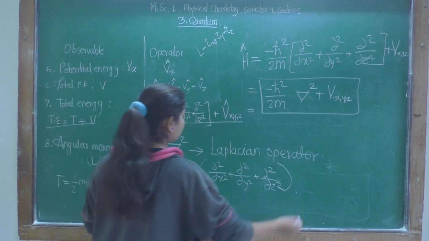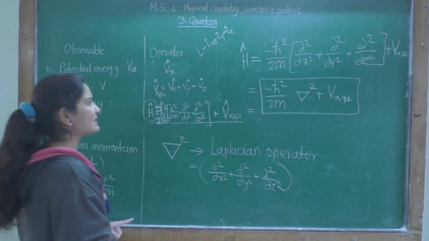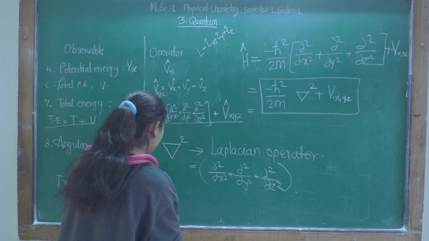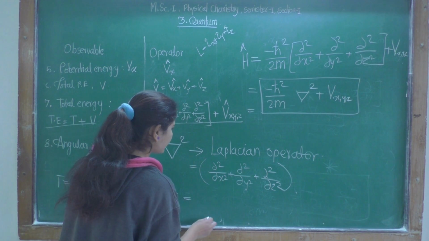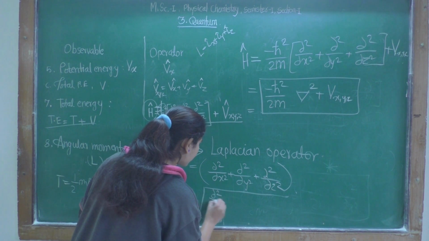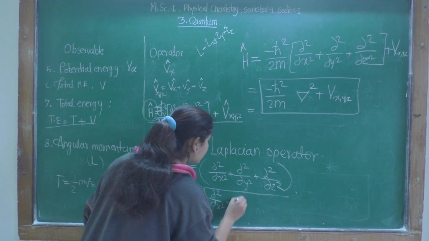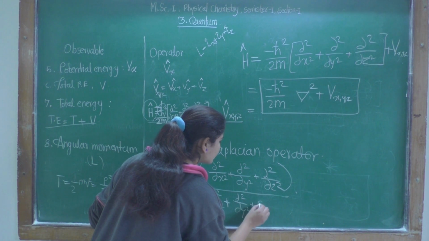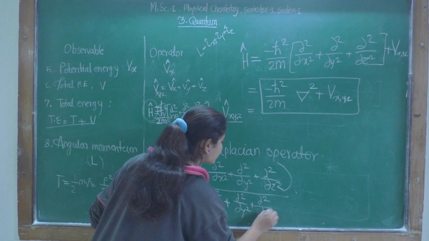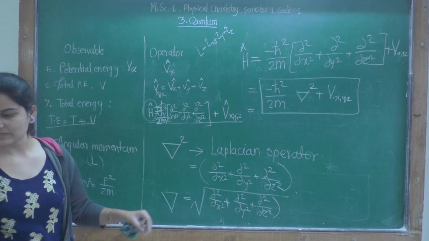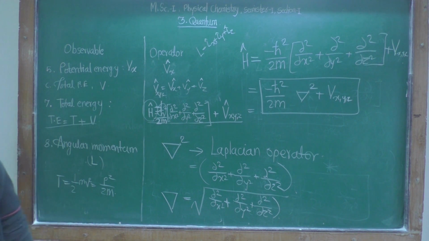Okay, this is the Laplacian operator. And what will be the del now? It will be just the square root of ∂²/∂x² plus ∂²/∂y² plus ∂²/∂z². This is the value of del and this is the Laplacian operator.